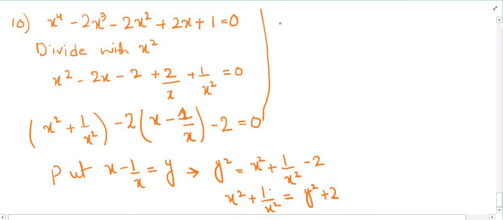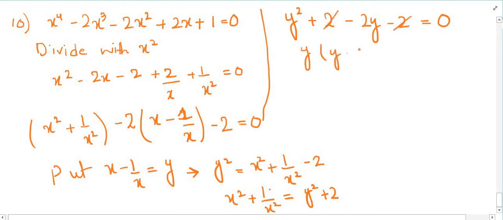This equation becomes y square plus 2 minus 2y minus 2 equals 0. Minus 2 plus 2 cancel. Take y common. This is y equals 0, y equals 2.